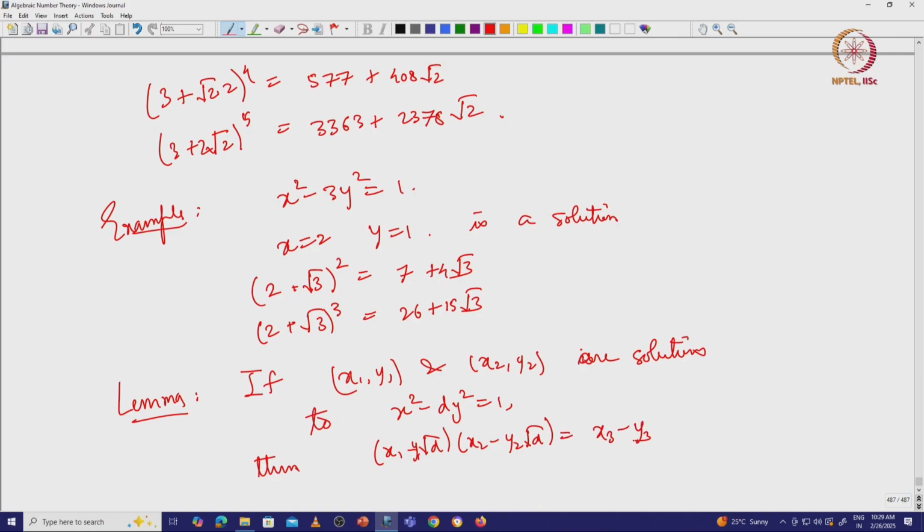I mean, you can put minus or plus, it does not matter. Let me put plus here. Then x3, y3 is also a solution, and I am going to leave this as an exercise. You just have to take norm, and the fact is that norm is multiplicative.